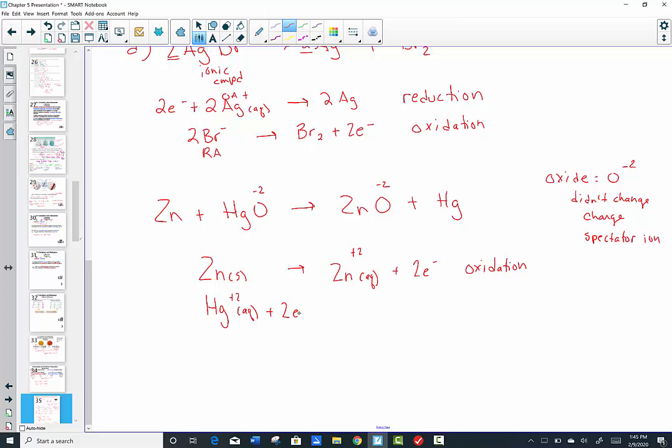It had to gain 2 electrons to form the elemental form of mercury, which is actually a liquid at room temperature. That's your reduction half reaction. If zinc was oxidized, it is the reducing agent. If mercury was reduced, it is the oxidizing agent.